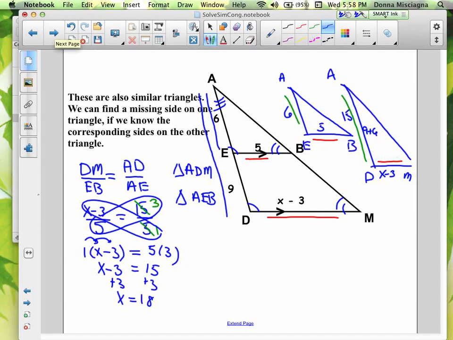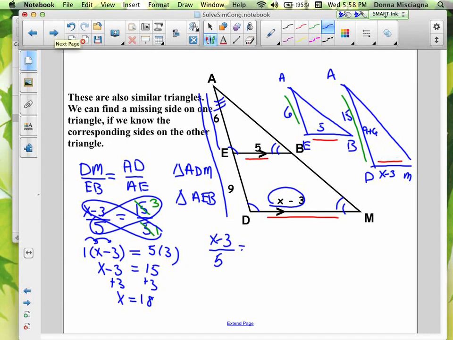So now when we check it, we're going to plug it back into our proportion there and make sure that makes sense, that we have the same ratio. All right, so we're going to plug in not the 18, right? Because DM is x minus 3. So we're going to plug in for the x minus 3. And EB is 5.